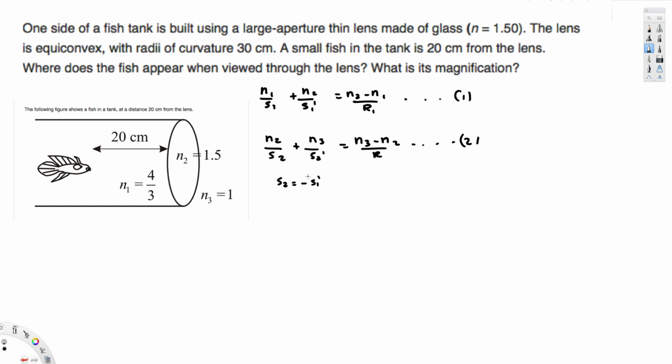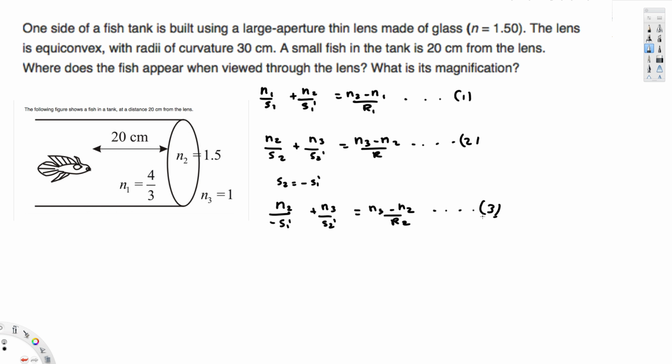If we replace s2 with negative s1 prime, the equation is going to look like this: n2 over negative s1 prime plus n3 over s2 prime is equal to n3 minus n2 over r2, and this is going to be our equation 3.